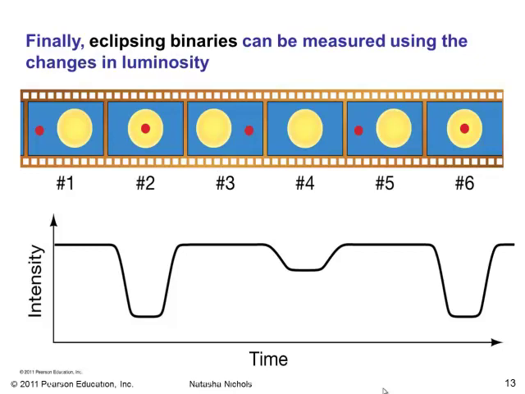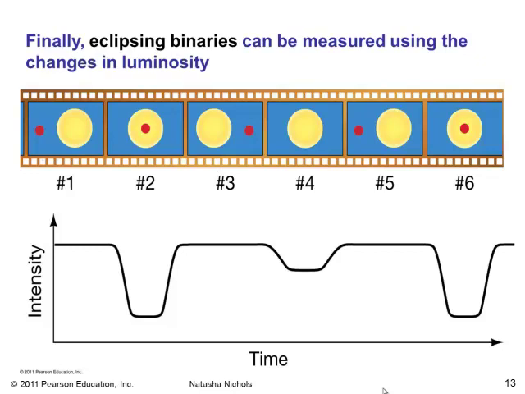Then on frame 2 and frame 6, we have a cooler star in front of the hotter, bigger star. Therefore, the intensity is going to drop because now we're missing the chunk of starlight coming from the bigger, brighter companion because we have the smaller, cooler star in front of it.